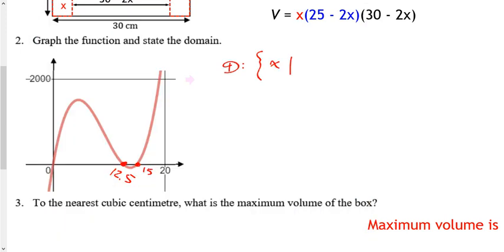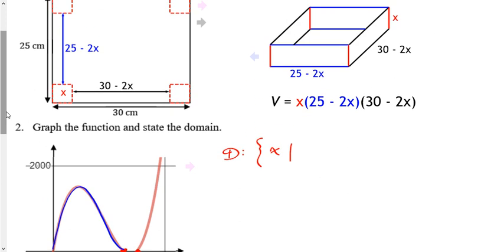My domain. It's really just this piece of the graph here that's going to be useful. Because if I have an x value, let's say that's 20, I get a positive volume, but if I think in this context, if I do 25 minus 2 times 20, 25 minus 40 is negative.